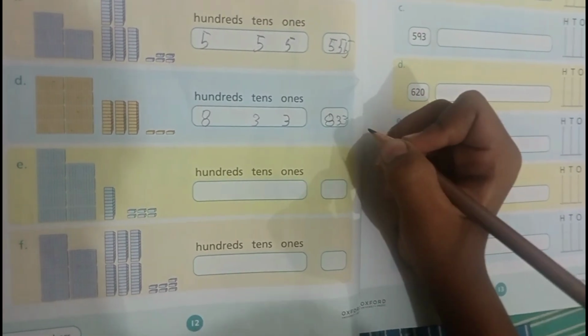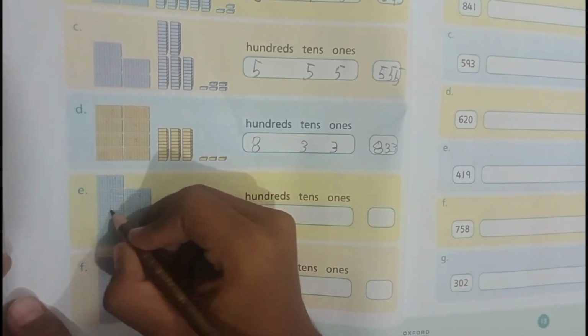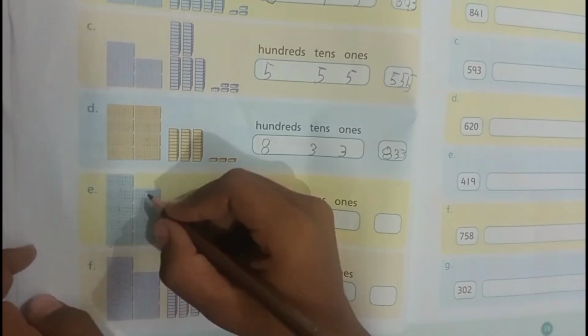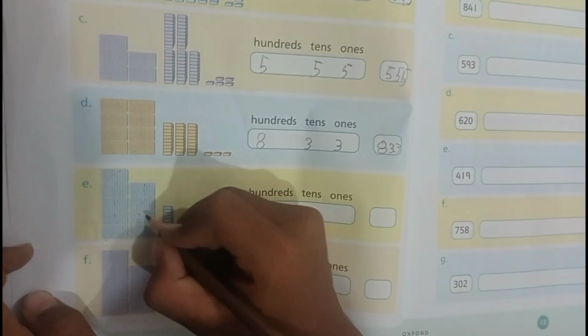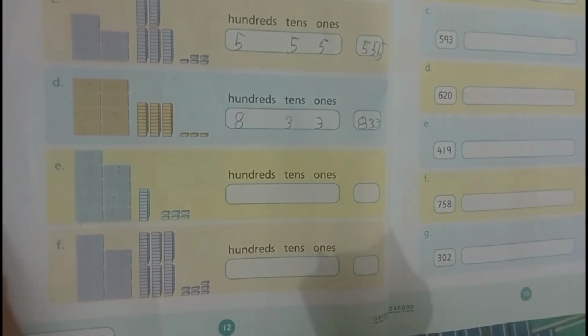Next one. How many hundreds here? 1, 2, 3, 4, 5, 6, 7, 8, 9. 900.